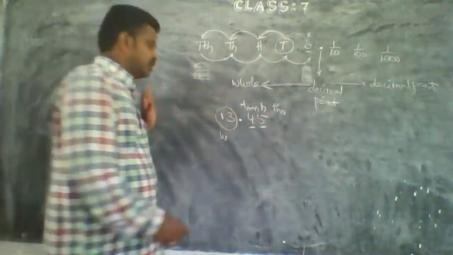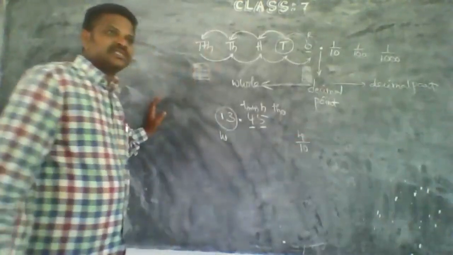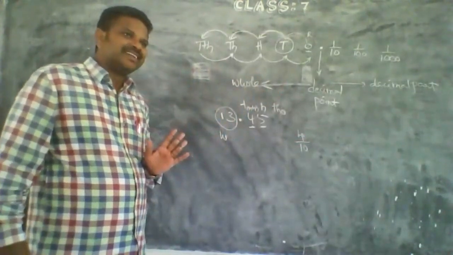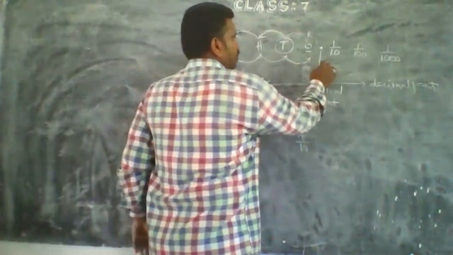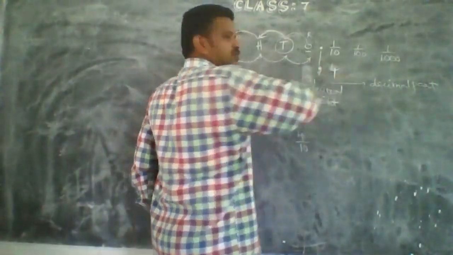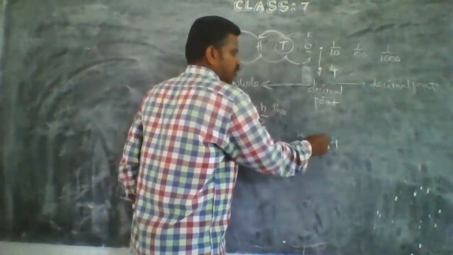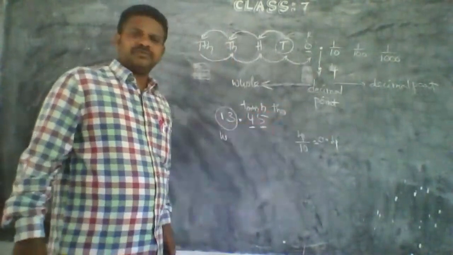Now, if I ask you to write 4 tenths, it can be written as 4 by 10. How to write it as a decimal number? It is 0.4. Since there is no whole number, we put 0 here.